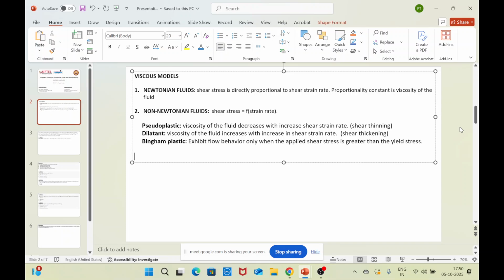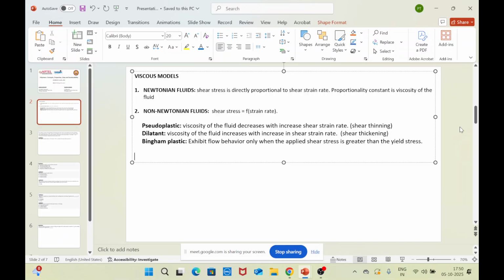They exhibit flow behavior only when the applied shear stress is greater than the yield stress. Until a certain stress you apply, they are not going to have any flow. Once that stress is greater, there will be a flow of the fluid.